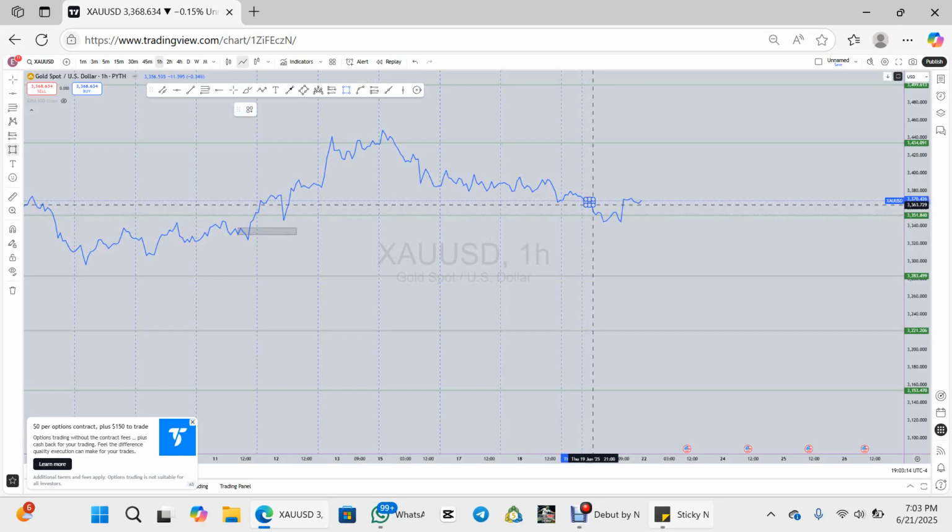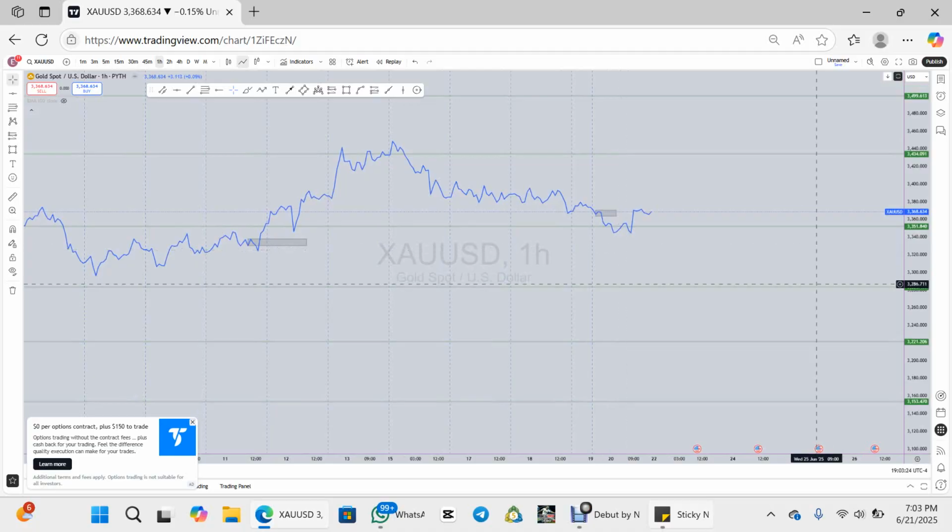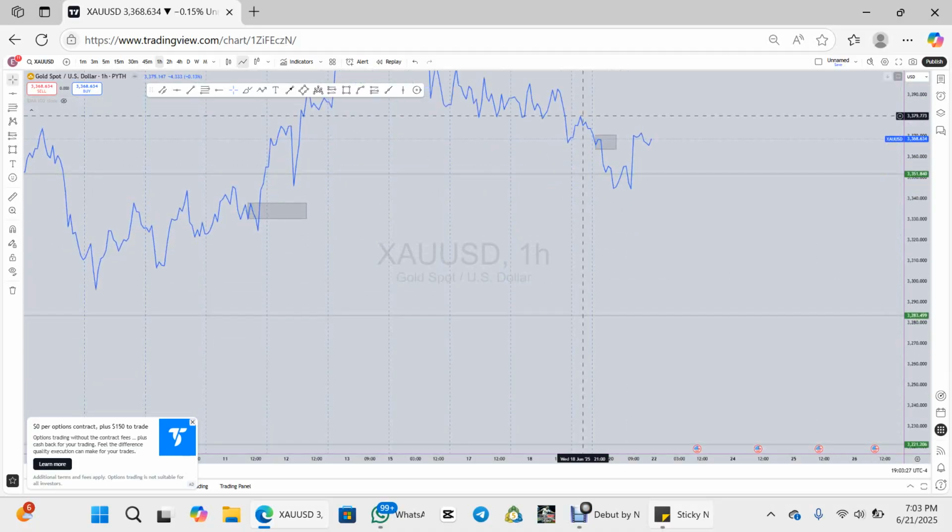So market open Friday, I saw this zone here. This was Thursday, Friday. So price opened Friday. This was the zone. Price marked this zone here.